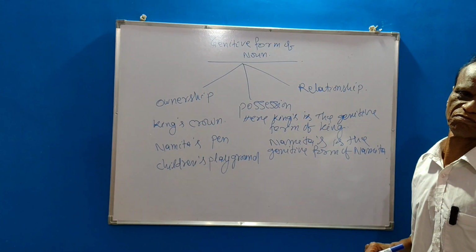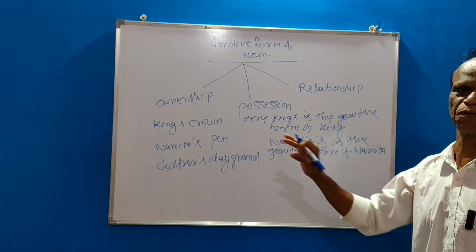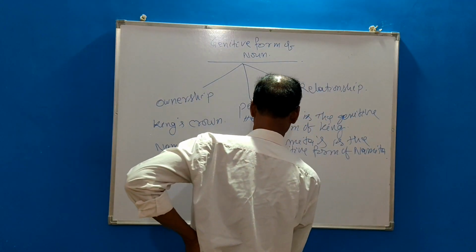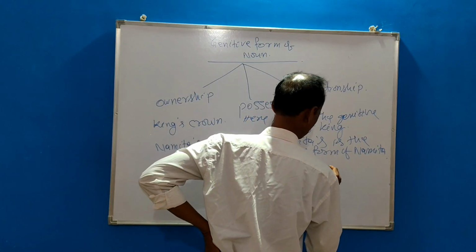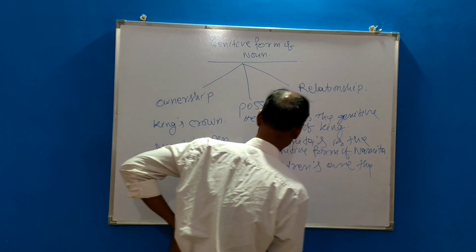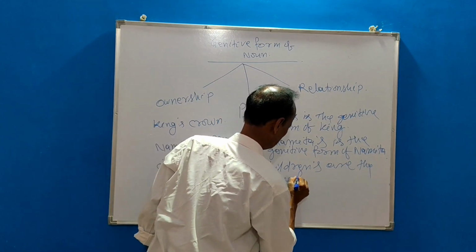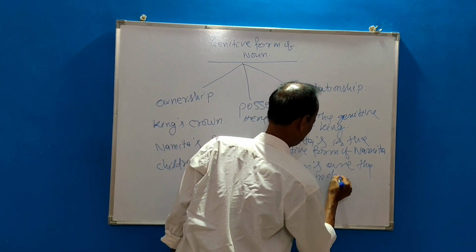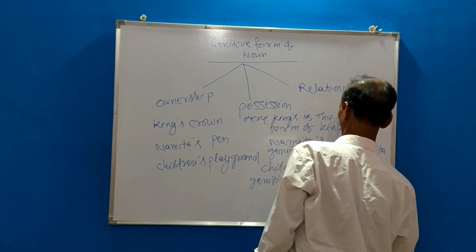Children's playground. So children's is the genitive form of children. Plural number.